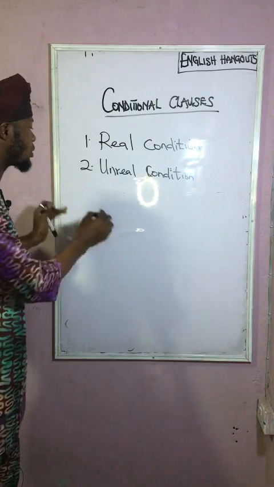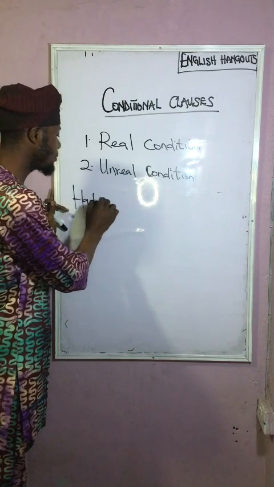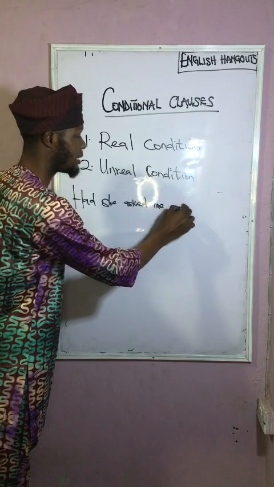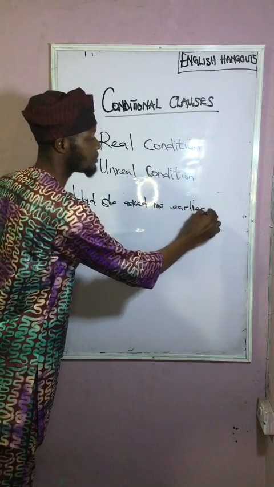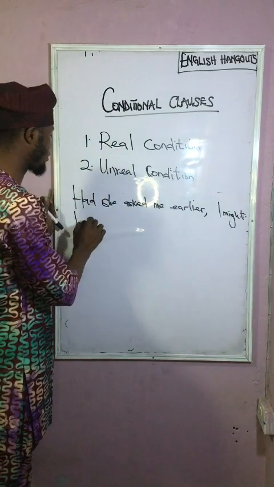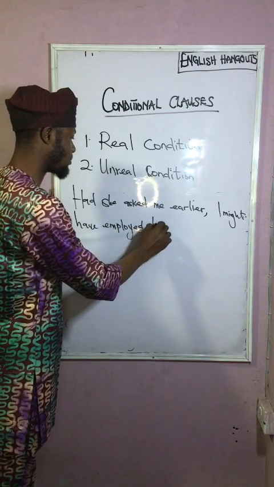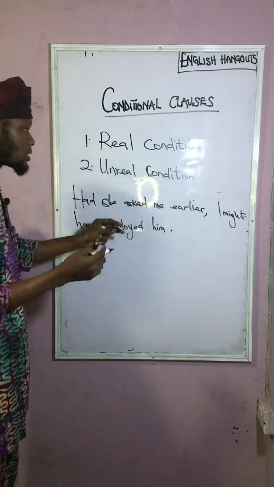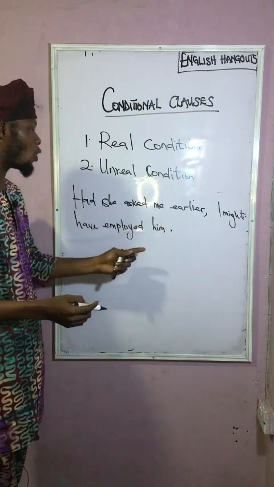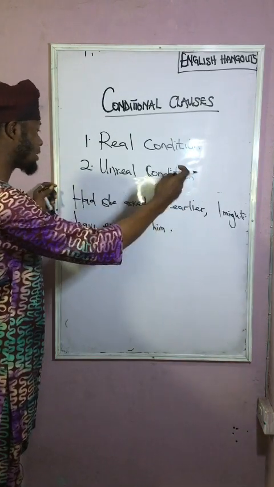In such a situation, you may have a sentence of this form: had she asked me earlier, I might have employed him. Many a time you come across a question of this form: had she asked me earlier, I might have employed him.